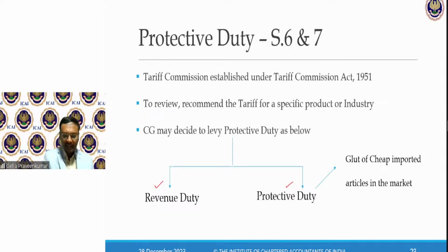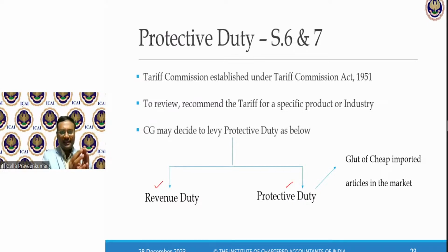Glut of cheap imported articles, to take an example. Say, let's take example of postcard. Now, New Year is around. We will see that a lot of people exchange a few gift articles. Like any gift article which is manufactured in a bulk mass way from, say, China.